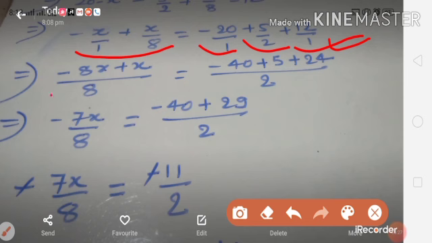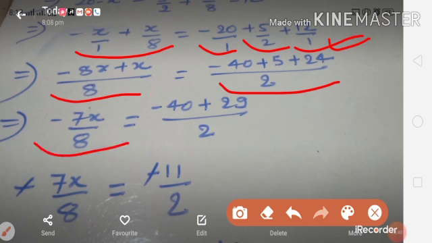So we see that we do the work as simple fractions, because we see the similar terms x, and here it is also a simple fraction, so addition and subtraction rules work. Now we find minus 7x by 8 and minus 40 plus 29.